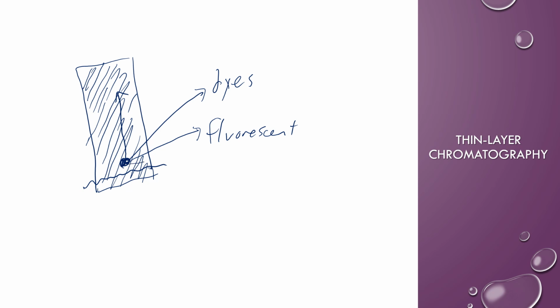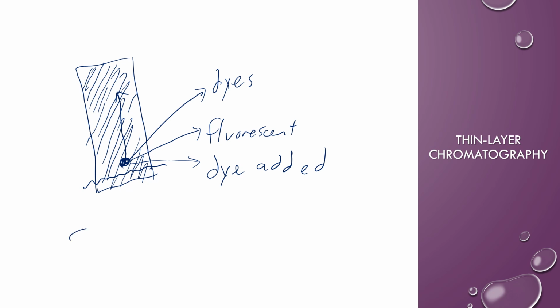Or you could be testing something that needs to have a dye added to it, where you need to treat the whole plate so you can visualize it after the fact. So those are some different ways that you could visualize the substance being tested.